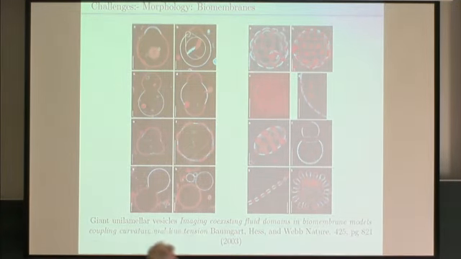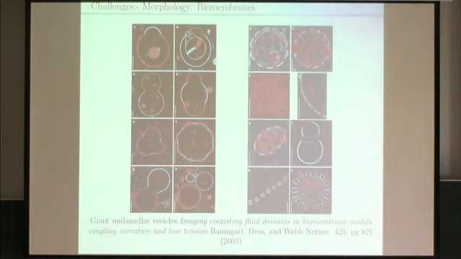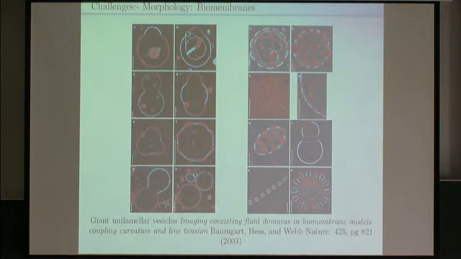This was a compelling picture of giant unilamellar vesicles, which are created in the laboratory. They're compelling to mathematicians because you can see, without knowing anything, that this is associated with energetic surfaces.